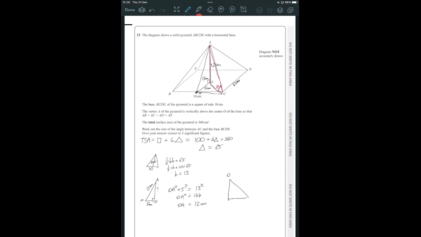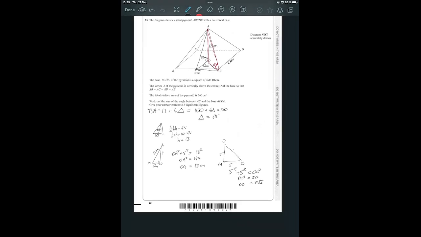So O to M to C, O to M is 5, M to C is 5. We want to try and find the longest side. Another Pythagoras, 5 squared plus 5 squared equals OC squared. So that's equal to 50. OC typed into our calculator, or just a bit of surd work, comes out as 5 root 2.